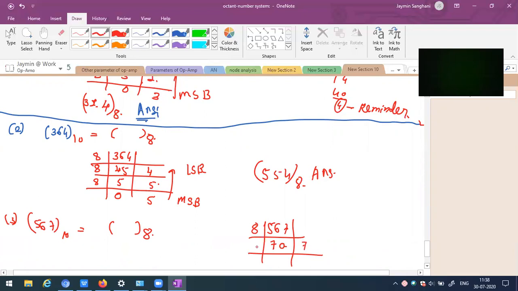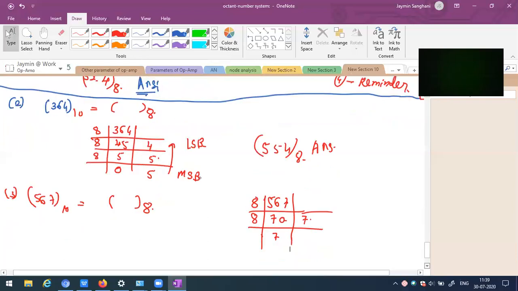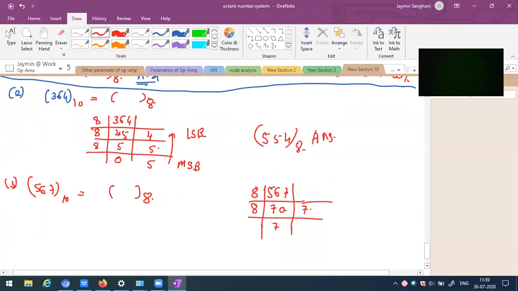So remainder is 7. Now 8 eights are 64, remainder is 6.